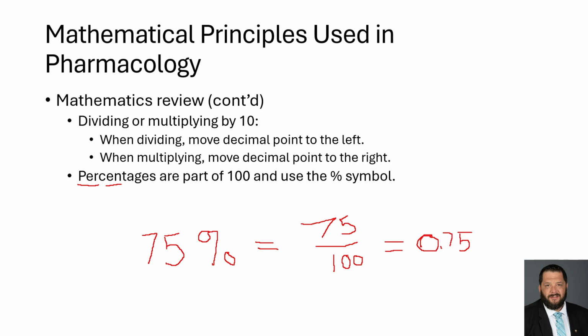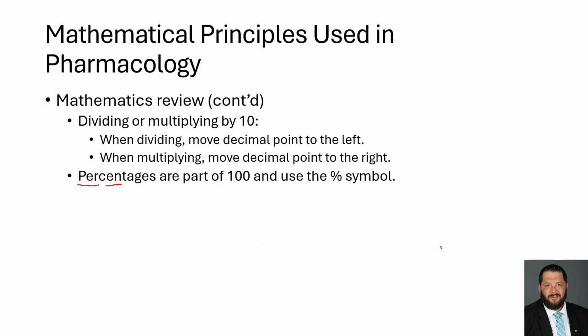Percent means per 100. This becomes important when we talk about medication calculations, particularly dealing with percent concentrations. Is there a medication you can think of that the dose or the volume of medication is calculated in percent? How about D50?